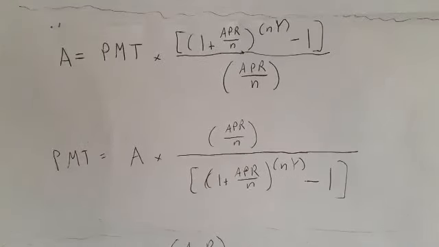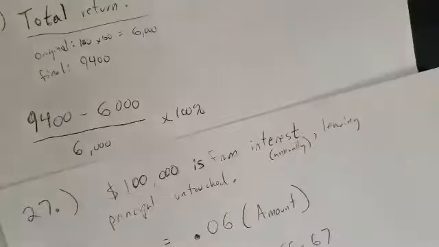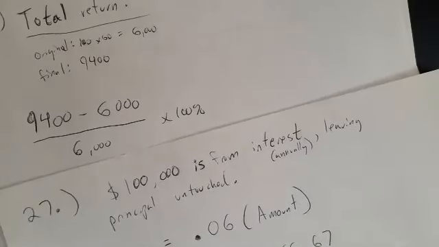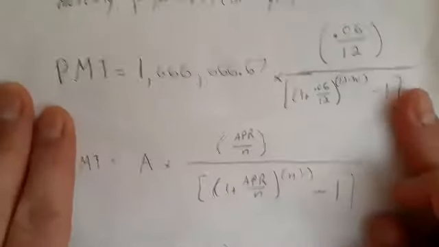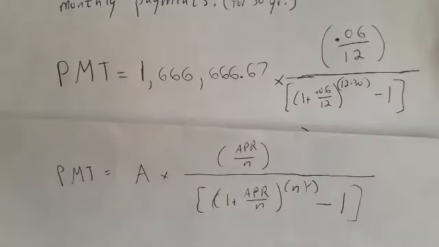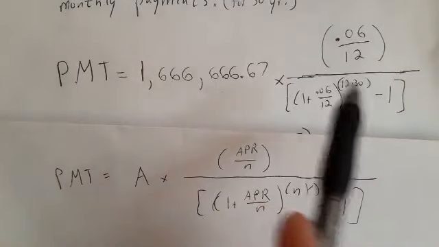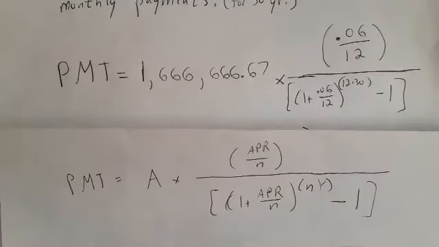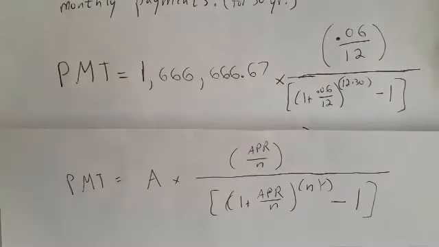Okay, so I'm filling in this second formula. Put them side by side. I want to know the payment. My amount is that million and two-thirds, that 1.7 million. My APR over N should look like the 6% divided by 12.